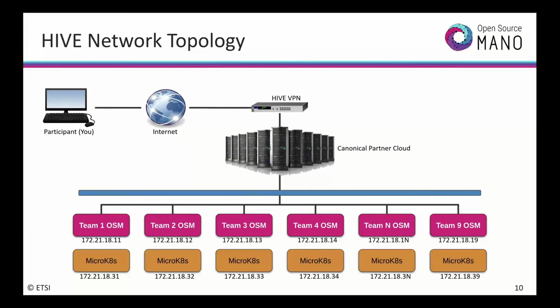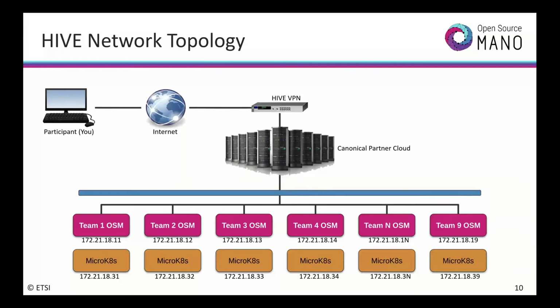What we're using today is a set of resources contributed from Canonical called the Canonical Partner Cloud, which is actually located in the UK. So there may be a little bit of latency depending on where you're coming from, but it should be pretty fast overall.